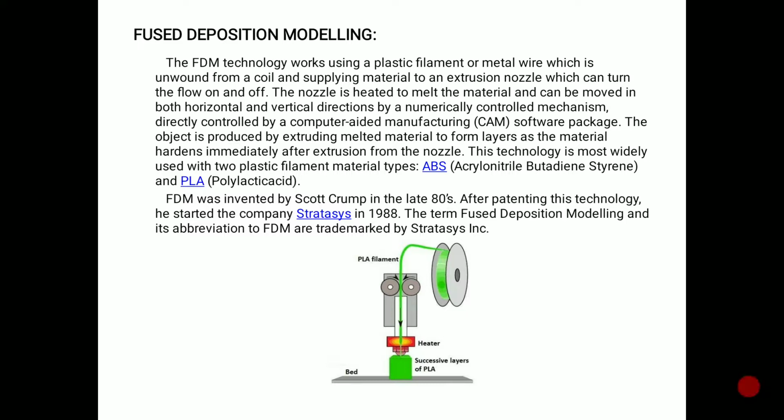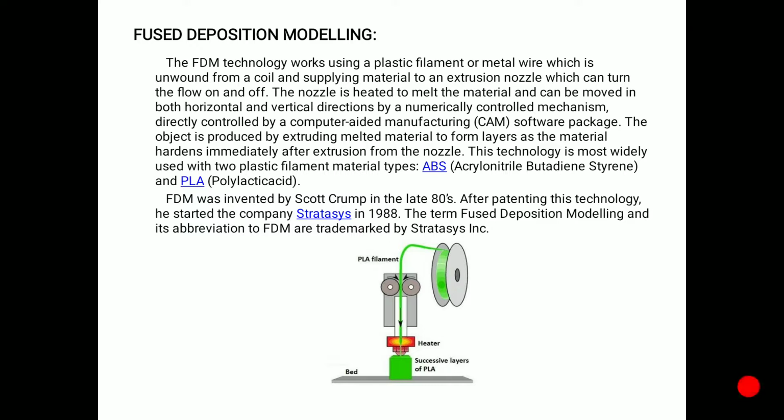Fused deposition modeling. The FDM technology works using a plastic filament or a metal wire which is unwound from a coil and supplies material to an extrusion nozzle which can turn the flow on and off. The nozzle is heated to melt the material and can be moved in both horizontal and vertical directions by a numerically controlled mechanism, directly controlled by computer-aided manufacturing software, which is CAM, and we learnt it.